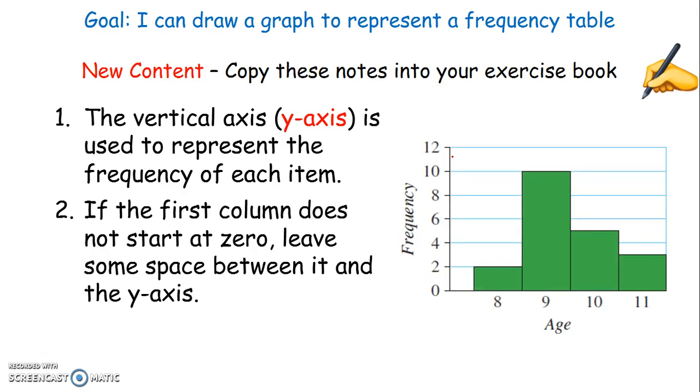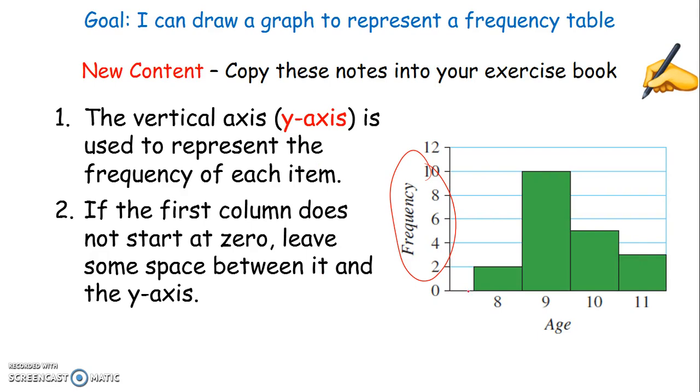First of all, you can see the vertical axis is for the frequency. What this graph is showing us is the number of people who belong to a certain age. We can see that there are 2 people at the age of 8. There are 10 people who are 9 years old. There are 5 who are 10, and there are 3 who are 11 years old.